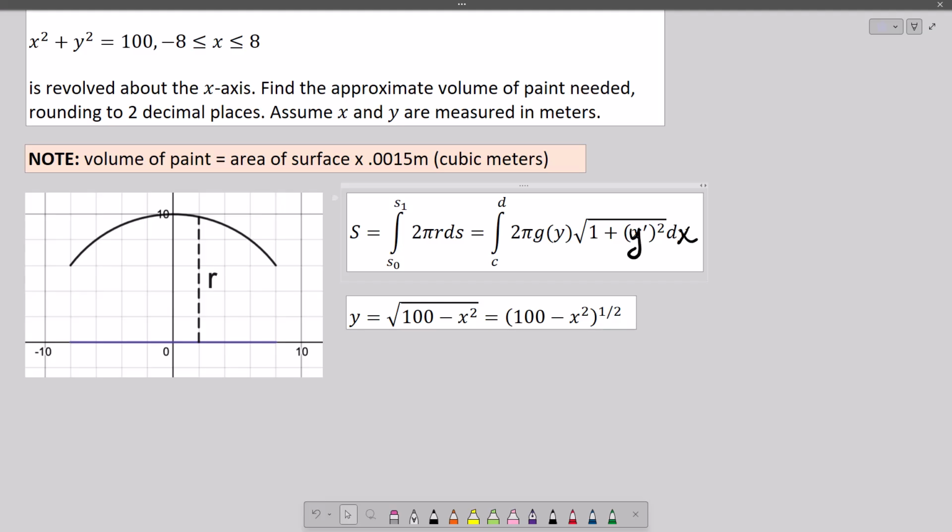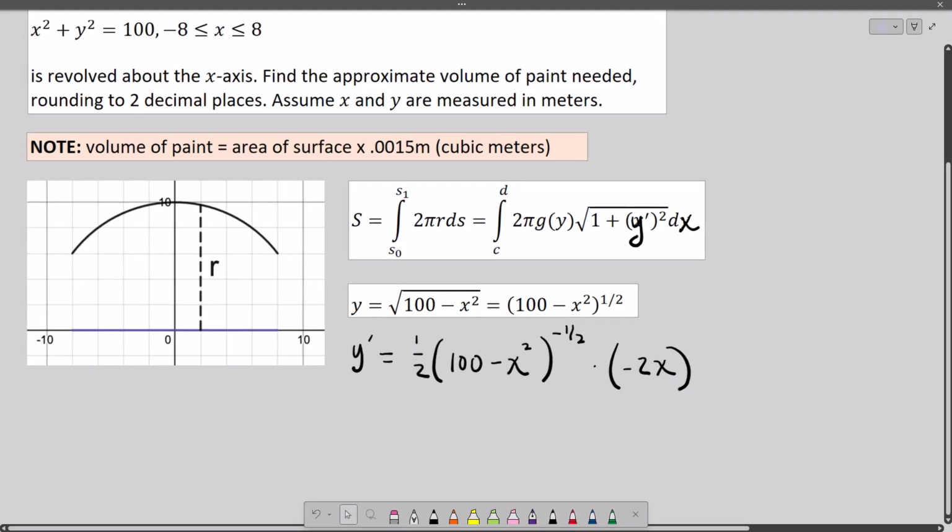All right, once again, we need a derivative. So we've got our function here, simplified in a way that we can take a derivative pretty easily. We're going to use the power rule, 1/2 is going to come down. We subtract 1 from the exponent. We multiply by the derivative of the inside. We get -2x for that derivative.